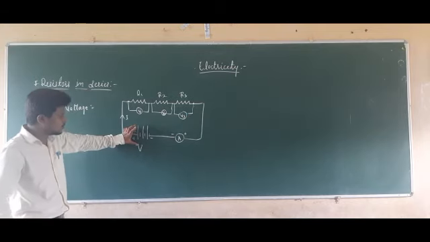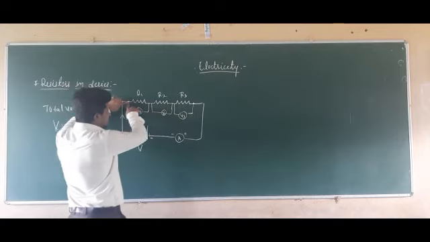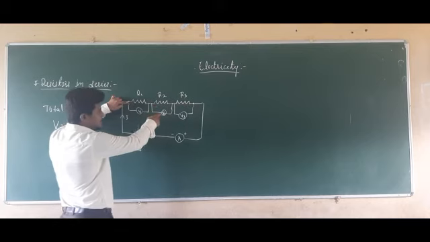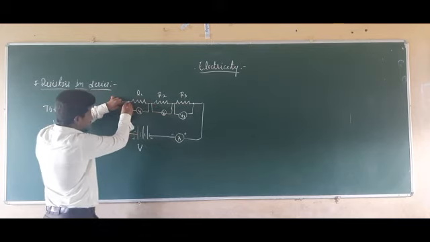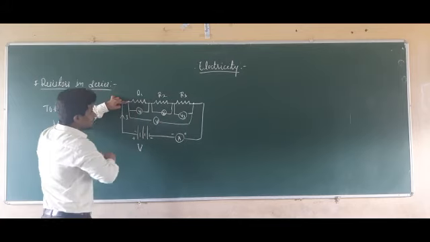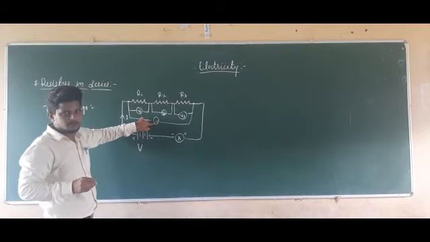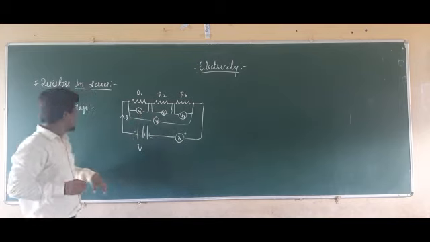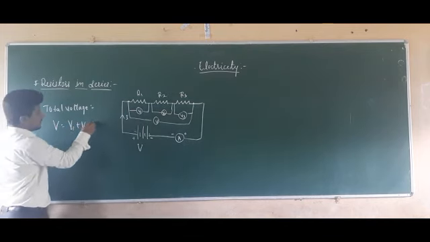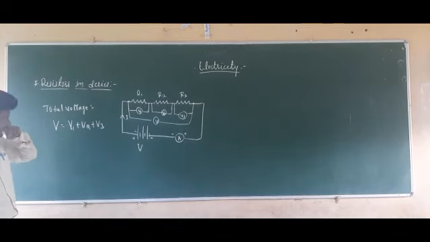The potential difference between this point and this point is equal to the sum of V1, V2 and V3. So instead of these three voltmeters, I can connect a single voltmeter here, and it will show the sum of V1, V2, V3. For that reason, we are taking the different values. Therefore, V equals V1 plus V2 plus V3. Since we have three resistors, we have three different voltmeters.